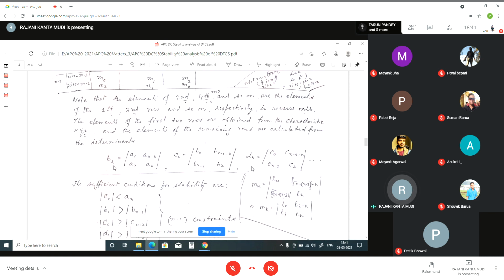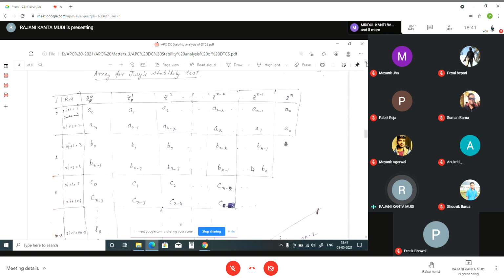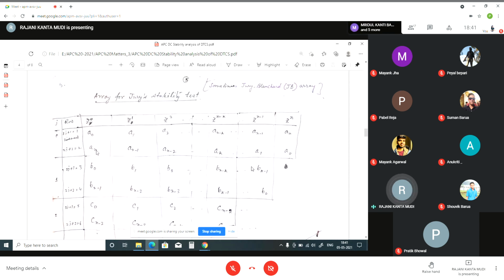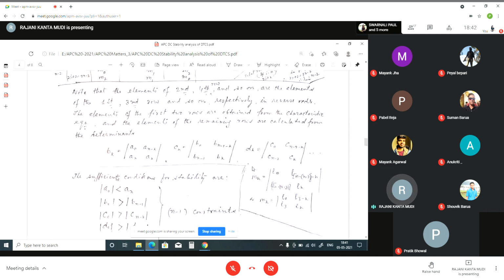Suppose b0: how will we find this? What is b0? It is the determinant of a0, an; an, a0. What is b1? The determinant of a0, an; an minus 1, a1. You see the formula here, b1, a0, an minus 1, a1, like this. Similarly, ck equals b0, bn minus 1.